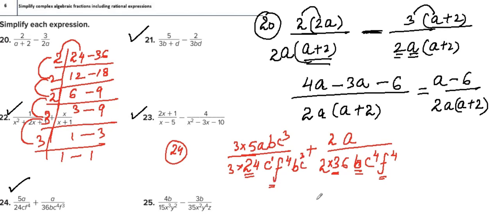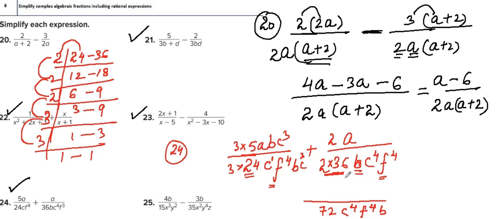So what is left? What is your denominator? Denominator is 24 into 3, 72. This is also 72, c power 4, f power 4 and b. So here is nothing.